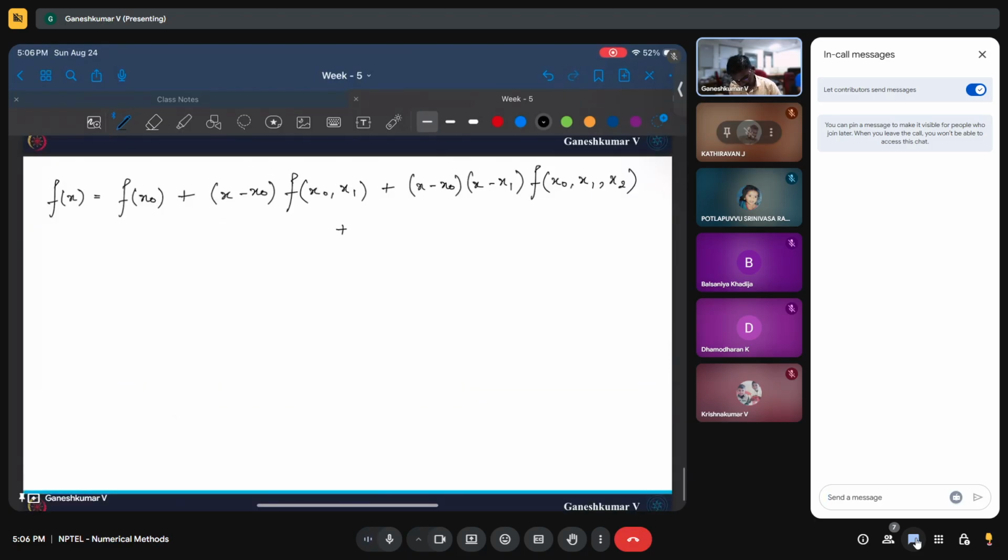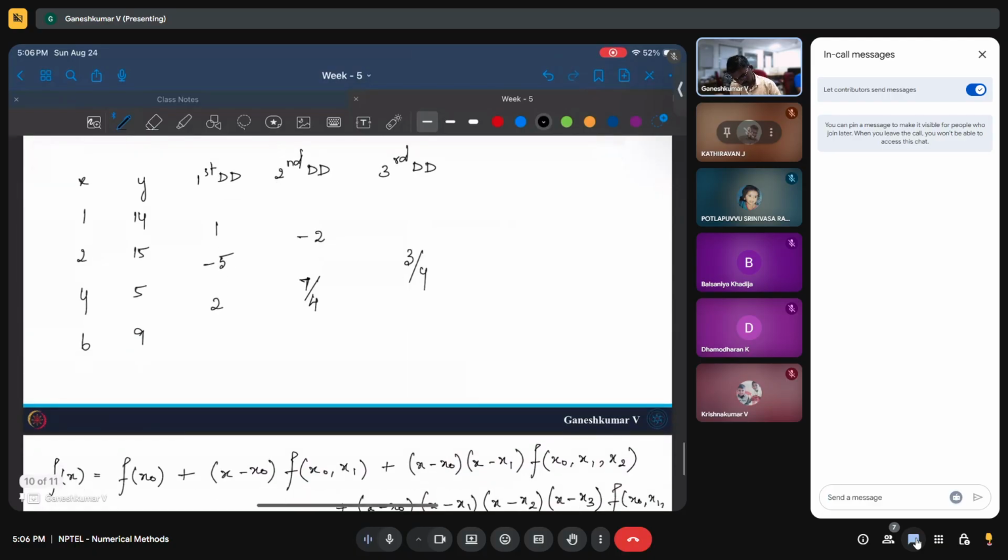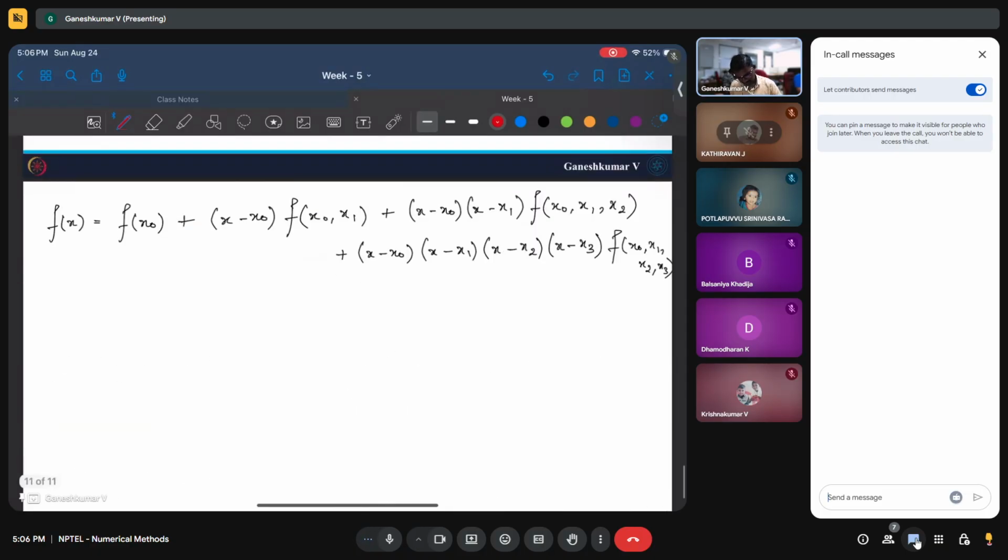So we have one more term: x minus x naught, x minus x1, x minus x2, x minus x3, times f of x naught x1 x2 x3. And this is your f of x naught, and these are your f of x naught x1, x naught x1 x2, and x naught x1 x2 x3.